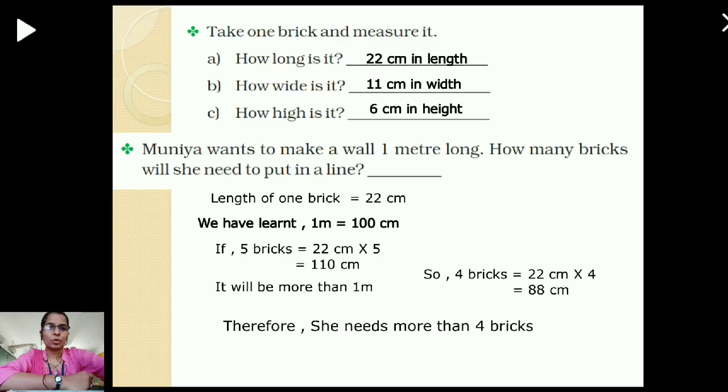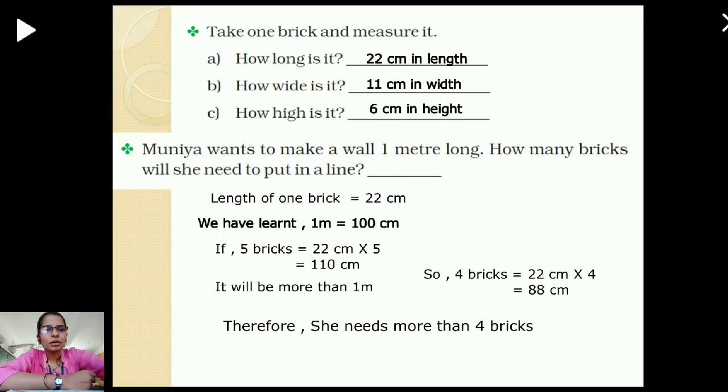So this way we saw that 1 meter is equal to 100 centimeter, and if we are making a wall longer, we need to see the length of the brick.